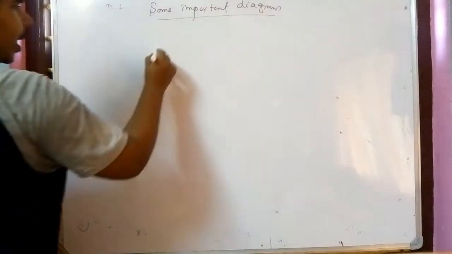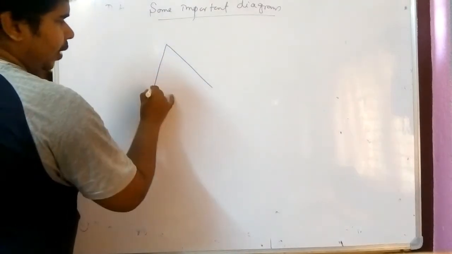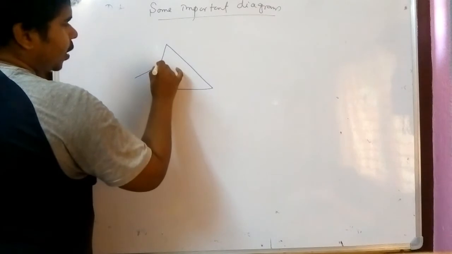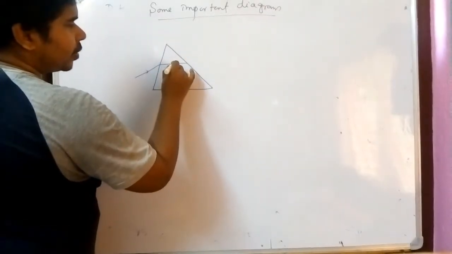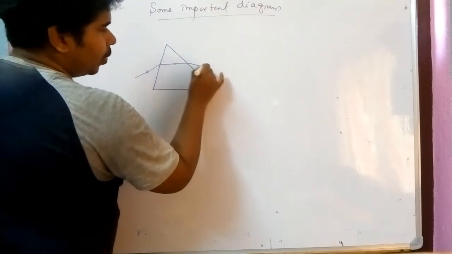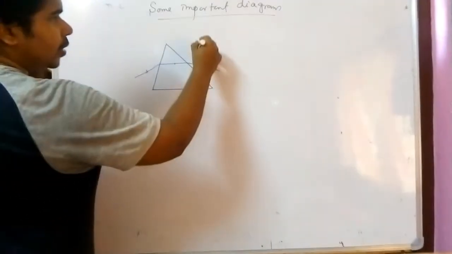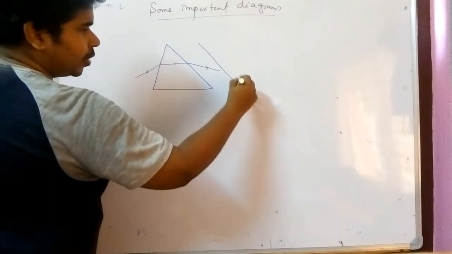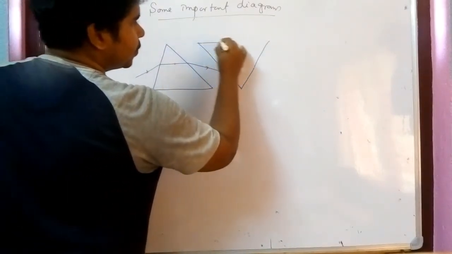One very common diagram is this. So assume one prism is kept like this way. If the light is incident here, after refraction it will go by this path, and then it will go by this path. Assume on that path, if you have kept another prism in a reverse order, just like this.